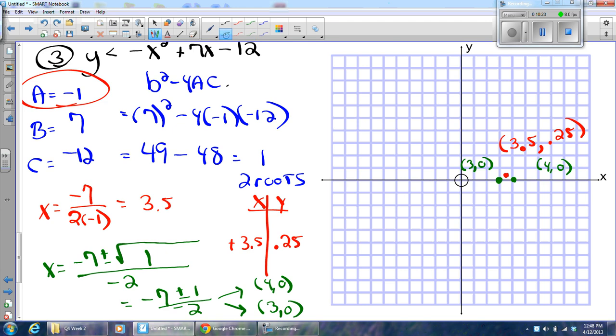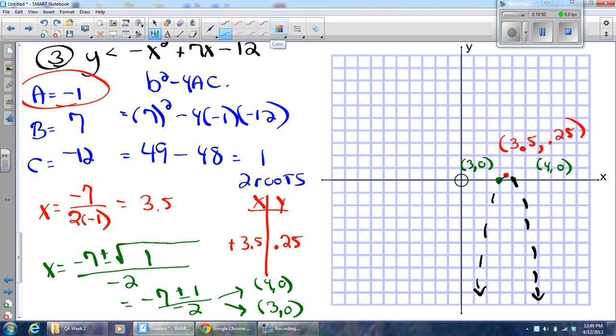Now, this is not an equals to, so it's going to be a broken parabola. Something like that. Is that all one thing? Nope, it's not all one thing, so I'll just draw it by hand. It's going to go something like that, okay?